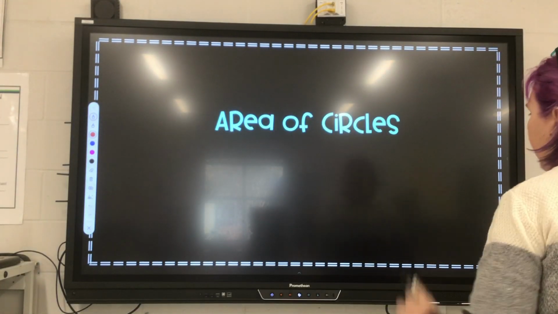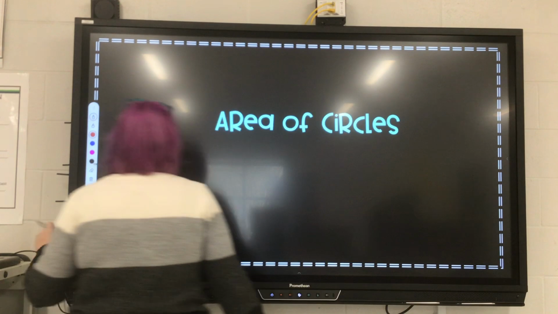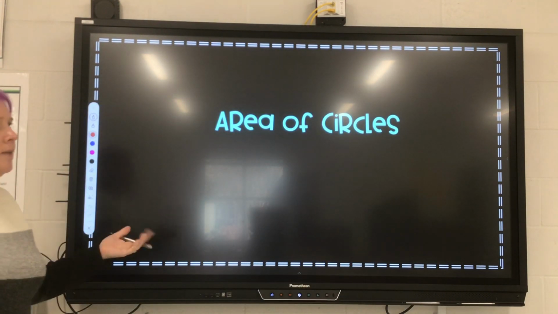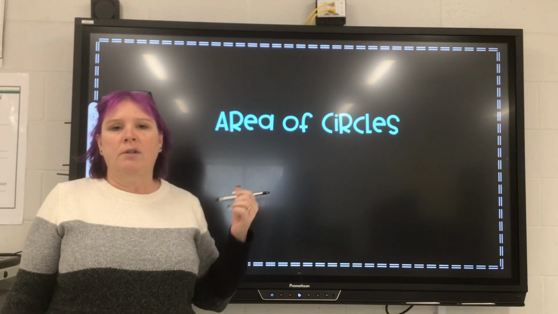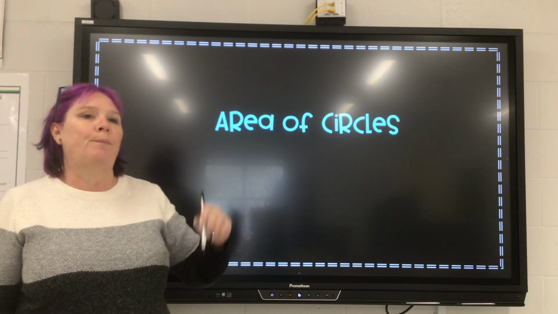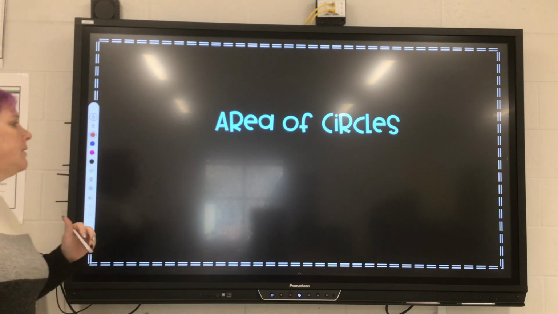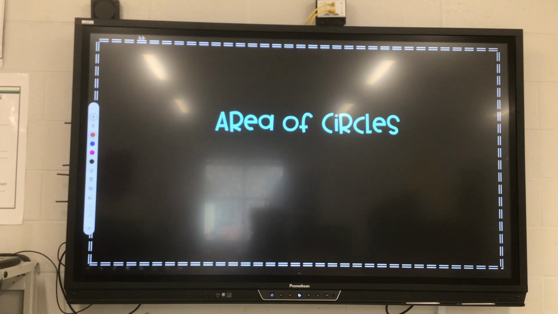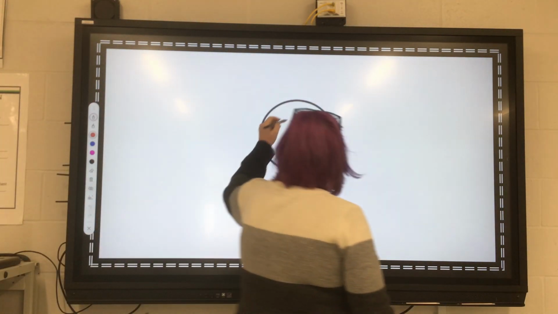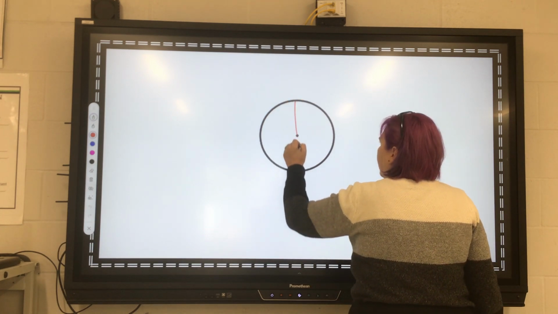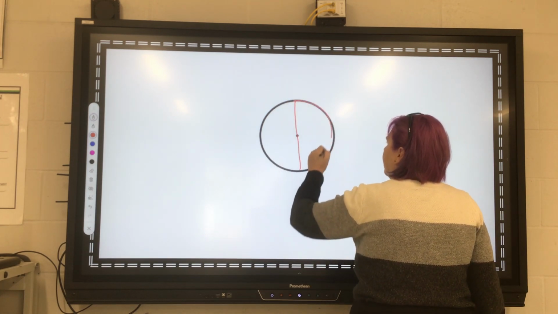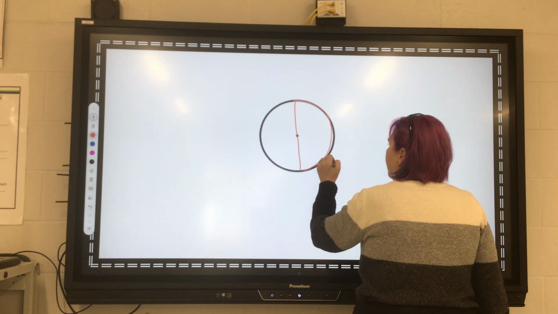Today we're doing area of circles. The last assignment was circumference, which was the perimeter going around. This is the area that's inside the circle. Just a reminder, going straight across makes my D, my diameter.